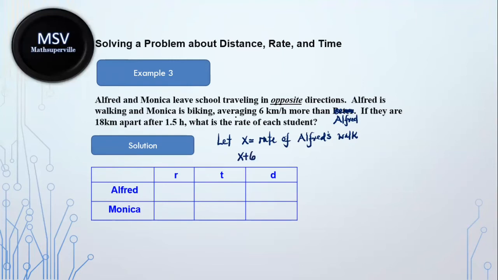Remember, we are told that Monica is biking at the rate of 6 kilometers per hour more than Alfred. So we can now replace x, and this is x plus 6, where x plus 6 is the rate of Monica's biking.